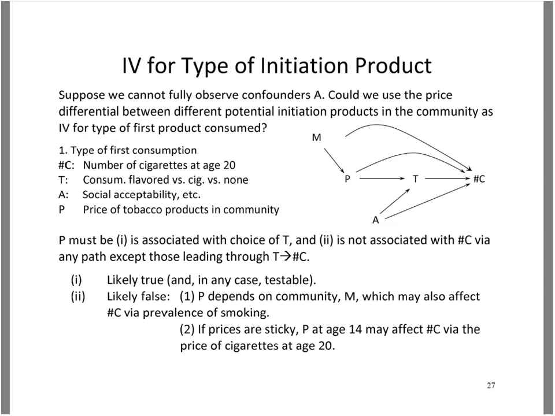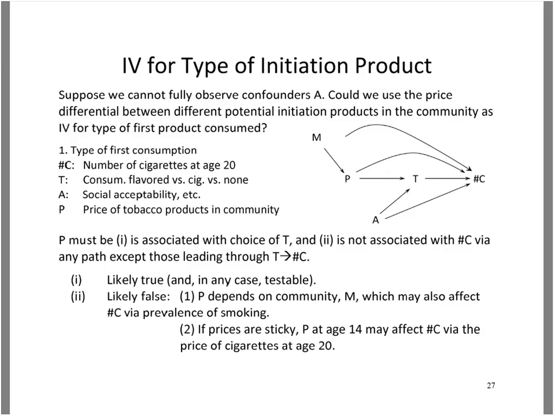Now, if our theory is that the choice between flavored and conventional cigarettes affects later smoking because flavored products are more palatable, less acrid, the flavor hypothesis, and therefore are more liable to hook a youth into a habit of smoking compared to conventional tobacco products, which are not as palatable, then yes, price needs to differentiate between these two choices.